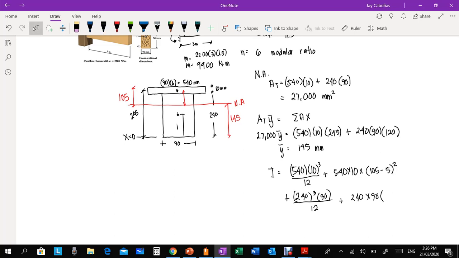That is 120. So this distance, pila? 145 minus 120 is equal to 25. It's correct? It's 25. So times 25 squared. So pila ato ang I? I is equal to what?